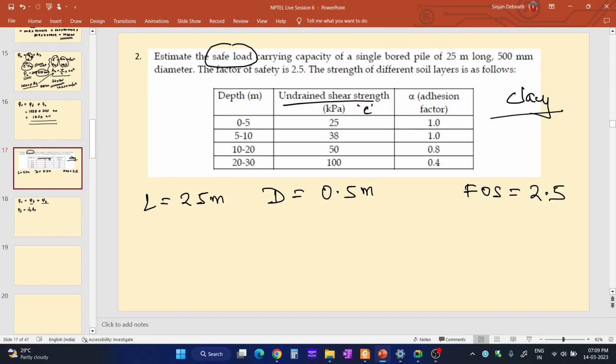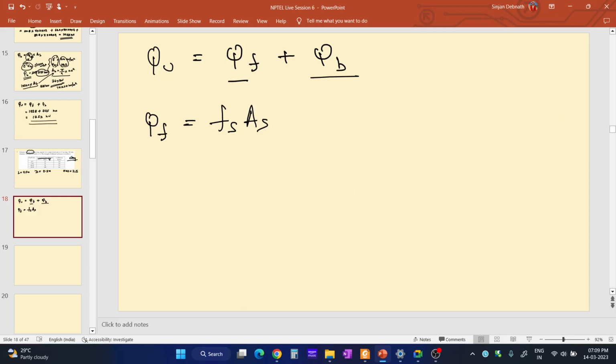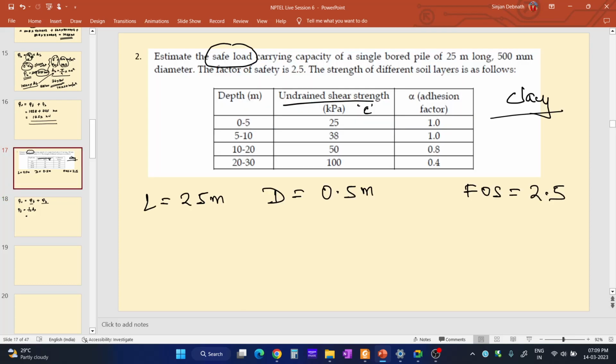Let me show you how to do this. Fs into As. Here along the depth, we have 0 to 5, 5 to 10, 10 to 20, 20 to 30, and all the data are given. The length of the pile is 25 meter, and up to 30 meter all the data are given.